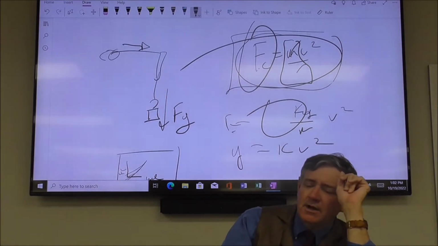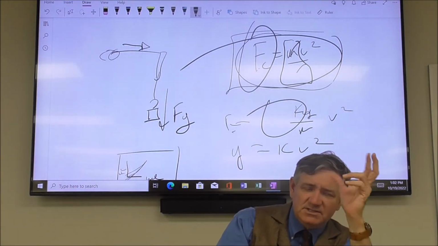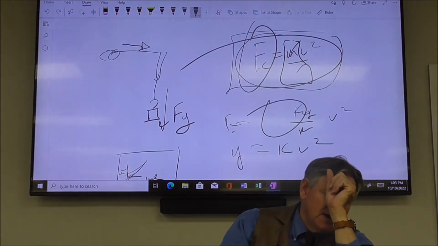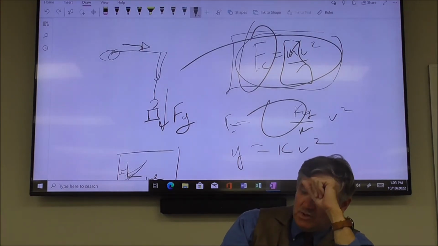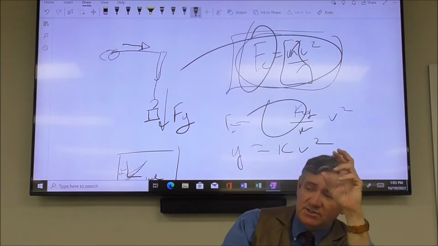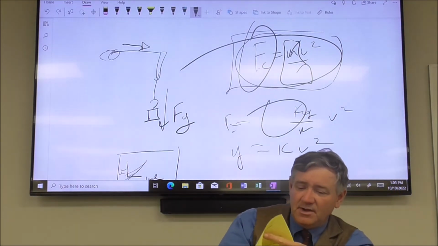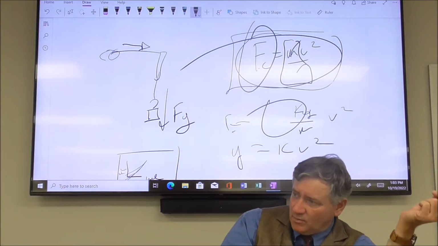The next two become a little more complicated in terms of how you simplify them. But just keep in mind that you want to simplify that equation in terms of what you're going to graph. On that next one, you're going to put radius on the x-axis and velocity on the y-axis.